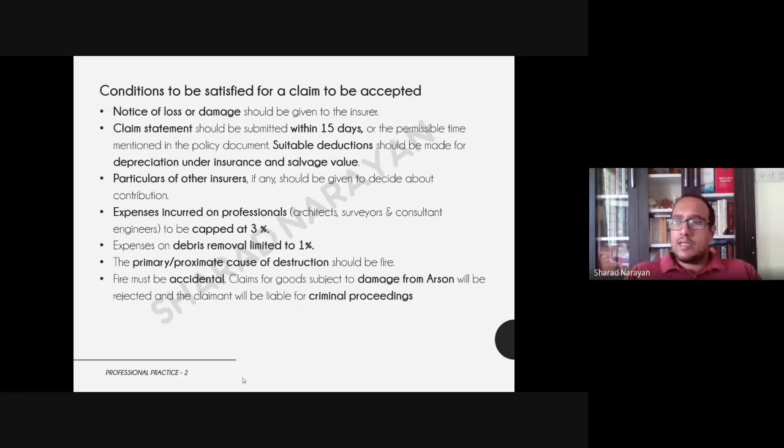Based upon that, if it is an accidental fire, the claim will be processed. In the case of noticeable criminal mischief, the claim will be rejected and the claimant will be subject to criminal proceedings.